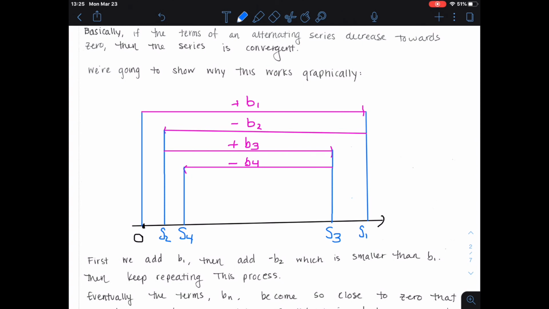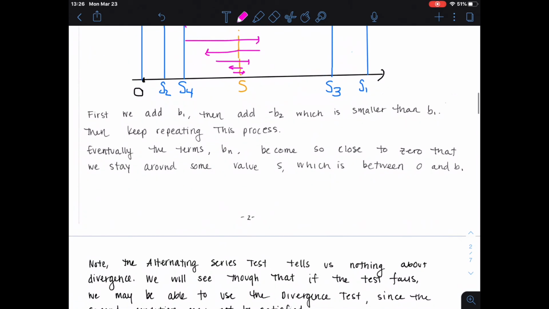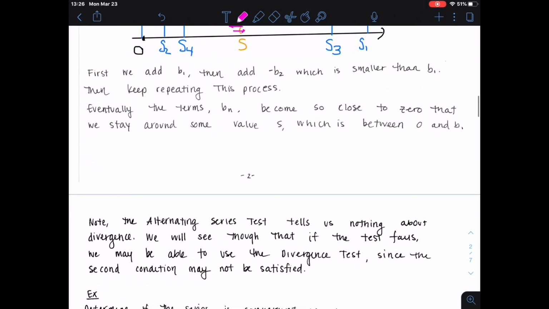So eventually those terms are going to 0. They become so close, you're going to end up around some value in here, S. So basically you're going to go forward some, backward some, and keep this process, and eventually you're going to be adding nothing to it, so it'll land at S. So it ends up somewhere between 0 and b1.